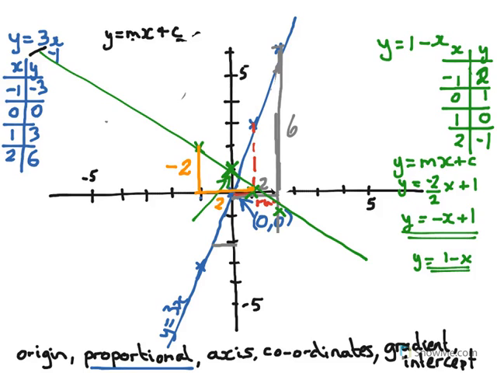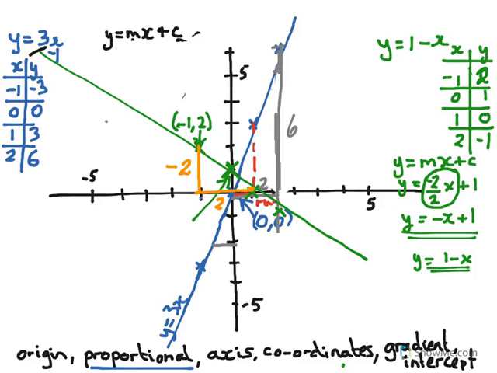Let's look a little bit more at why the gradient gets negative in this graph. Well, we actually have to think of the coordinates of this graph. The coordinates of this particular point are that x is minus 1 and y is 2.